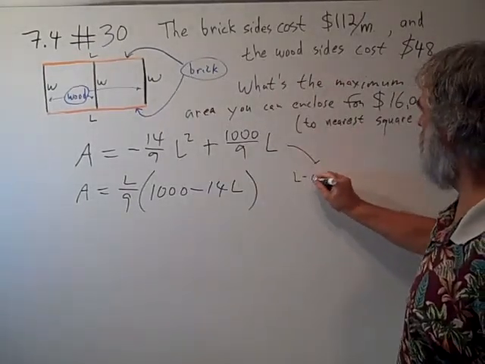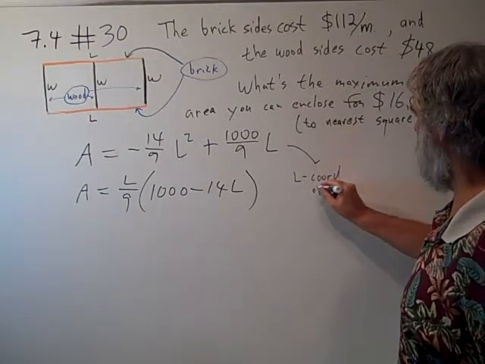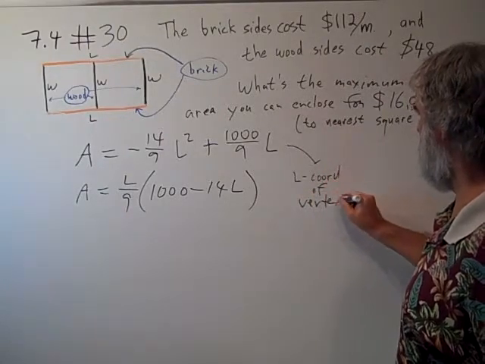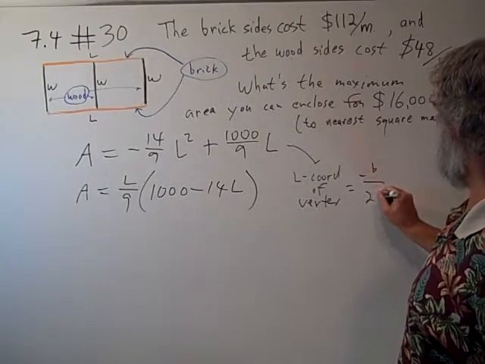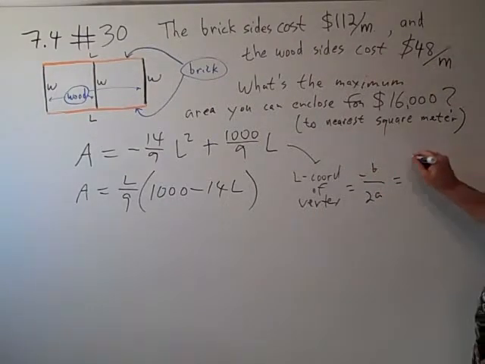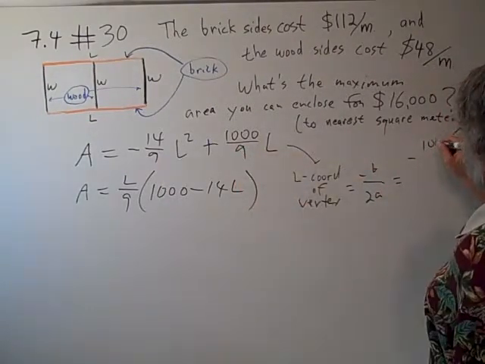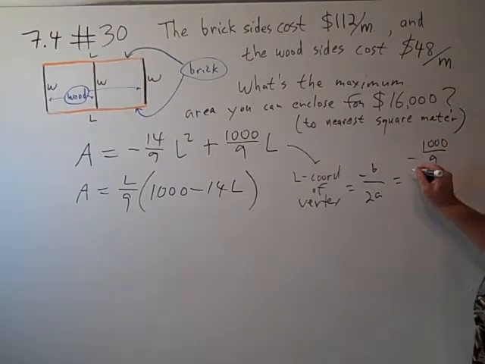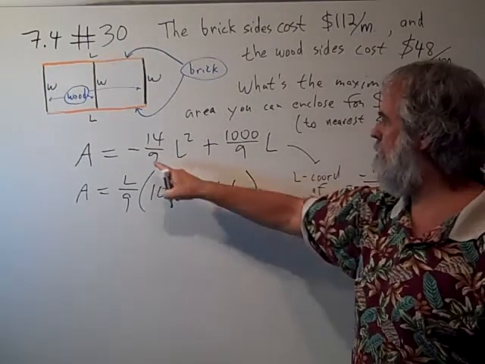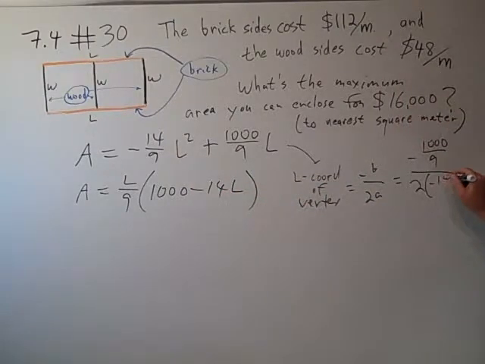The L coordinate of the vertex, negative b divided by 2a, in this case is negative 1,000 divided by 9 divided by 2 times the a term, which is negative 14/9.